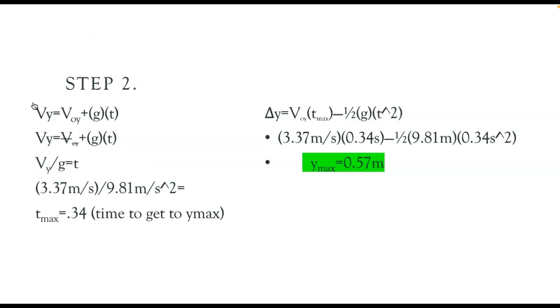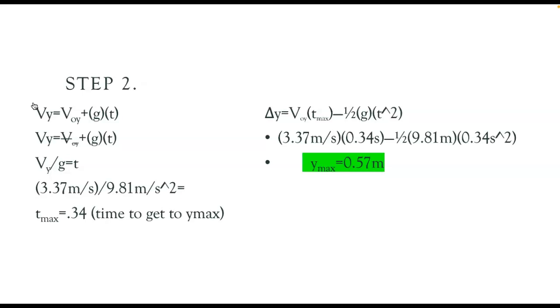Now we have to solve for the time it takes for the goats to reach the peak height of the jump. Using the equation Vy equals V0y plus g times t, by setting Vy to equal 0, since the vertical velocity decreases and equals 0 when it reaches the peak.